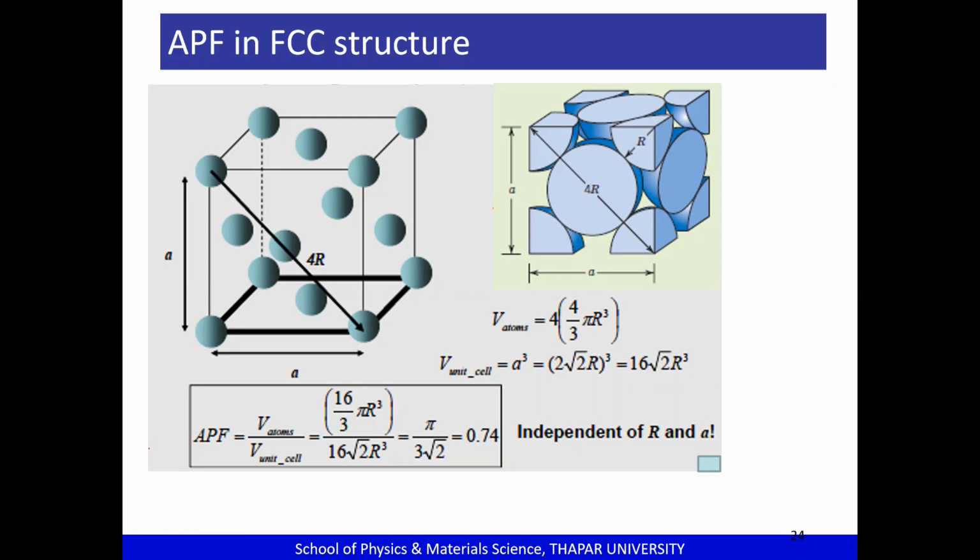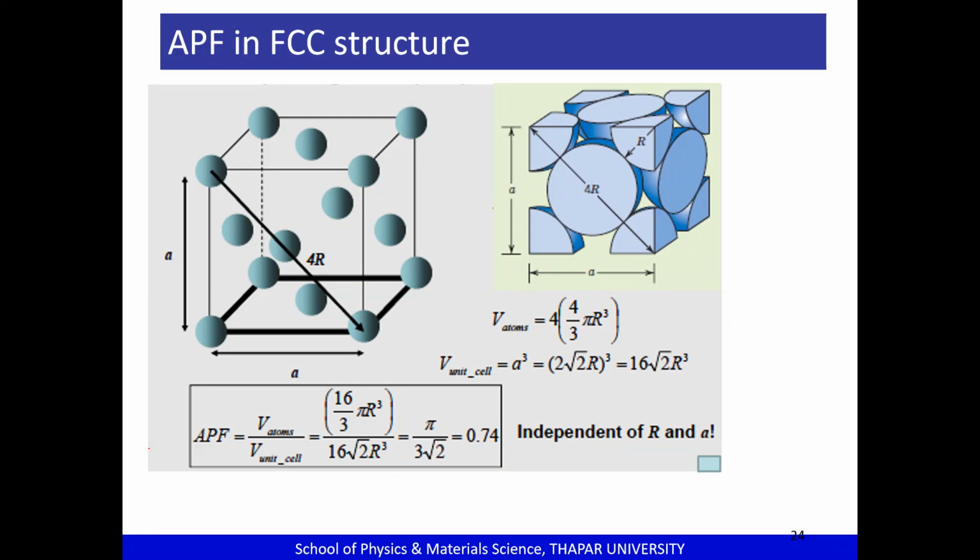And if I substitute the r value in terms of a, which is a equal to 2 root 2 r, the volume of the unit cell will come out to be a cube equal to (2 root 2 r) cube, which is 16 root 2 r cube. And now if I define APF, which is the volume of atoms to the volume of the unit cell, and I substitute and simplify, it comes out to be 0.74.